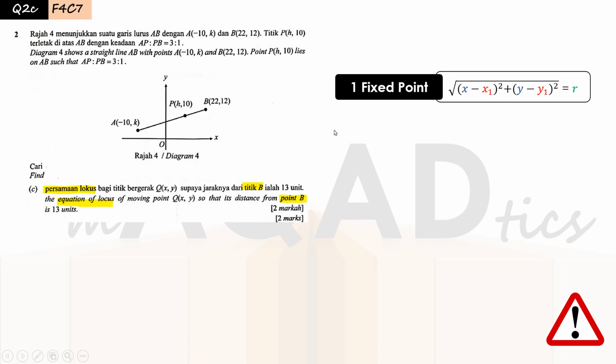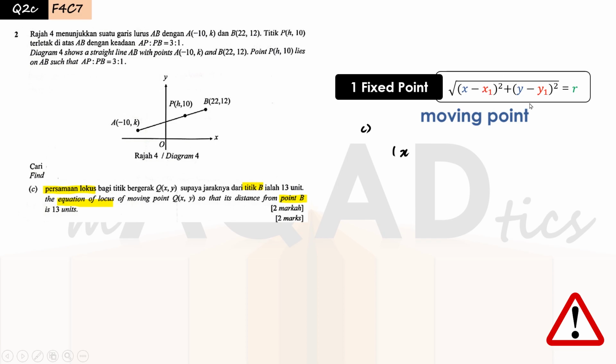For the one fixed point case, the left side is actually the distance formula. So we are just finding the distance from the point Q here to the fixed point B. And then the right side will be our condition, because here it says the distance from Q to B must be 13 units. For the x and y here, I will just leave them as they are because we don't know the coordinates of this moving point.